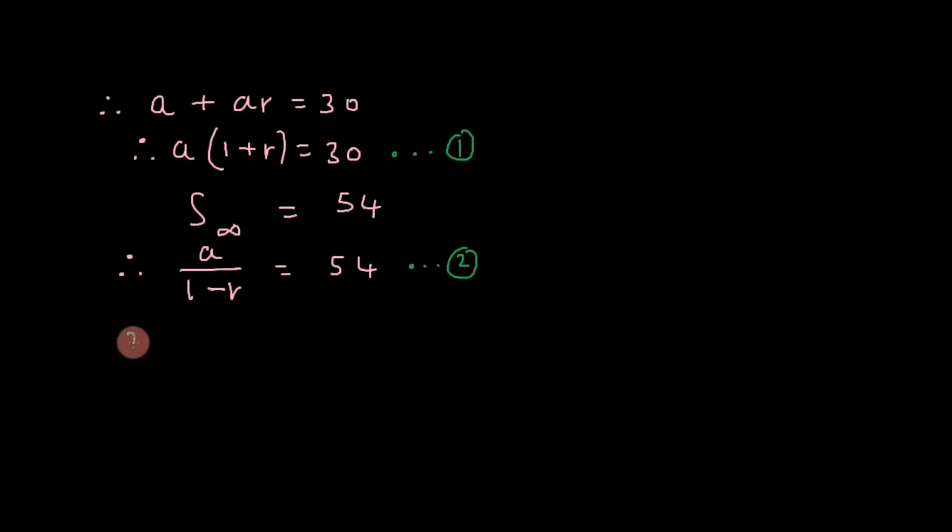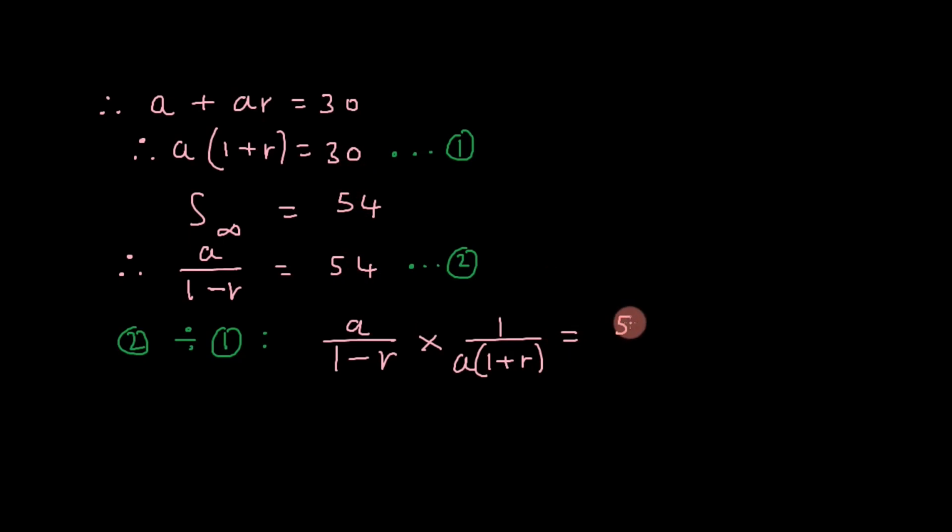Now we divide equation 2 by equation 1. So then dividing the left-hand sides, it's going to be A over 1 minus R divided by A into 1 plus R. So I'm going to multiply by the inverse. So 1 over A into 1 plus R. And this must equal 54 divided by 30.